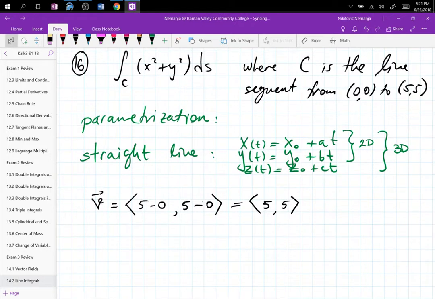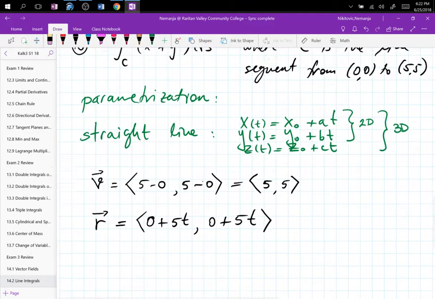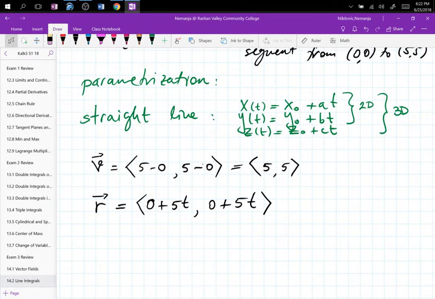And now we use that vector and our initial point to create the line. So our r is going to be 0 plus 5t, comma 0 plus 5t. I used the first two equations over here. And we have our parameterization r, which is 5t, 5t.